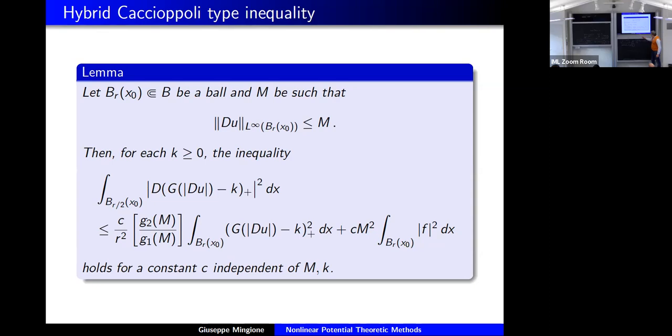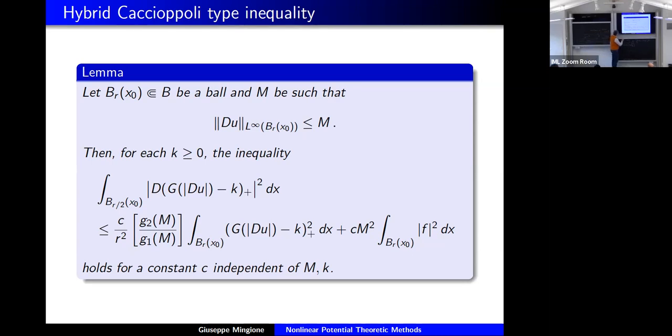Then you can write down this Caccioppoli inequality where G of Du is something like |Du|^p. It's hidden near the full strength of the so-called Bernstein method, because the Bernstein method tells you that if u is a p-harmonic function, then |Du|^p is a subsolution of a linear elliptic equation.